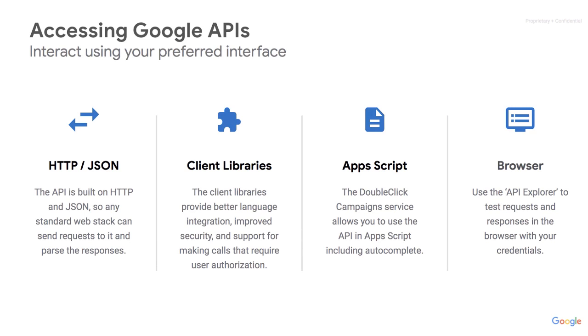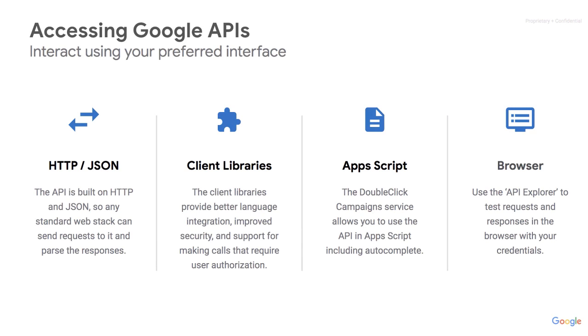They are very widespread and known by developers, and you can rely on this standard web stack, send requests to it, and parse the responses. You can also rely on client libraries, which provide better language integration, improved security, and support for making calls that require user authorization.